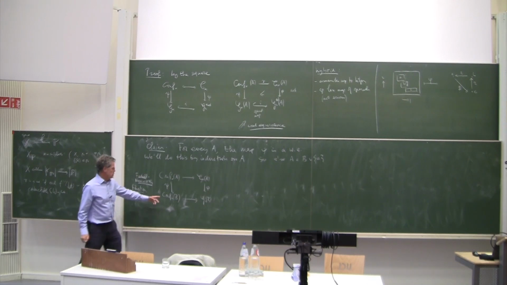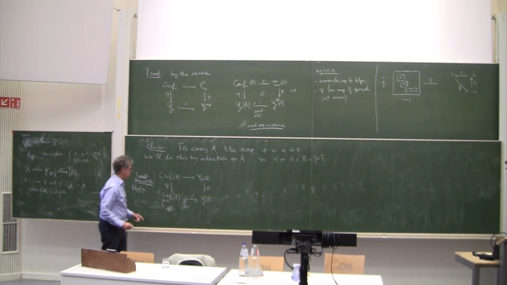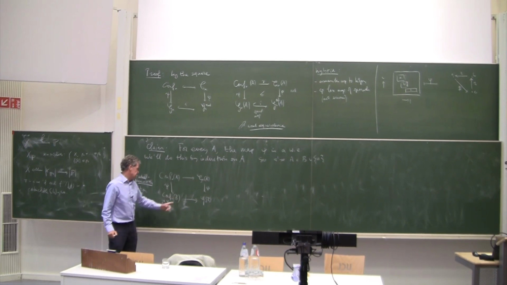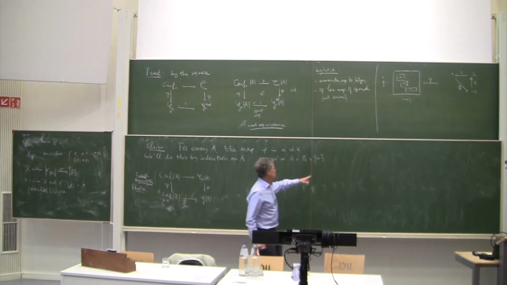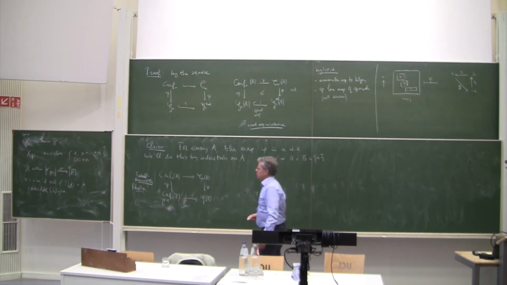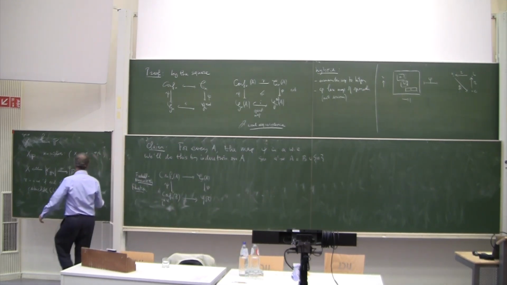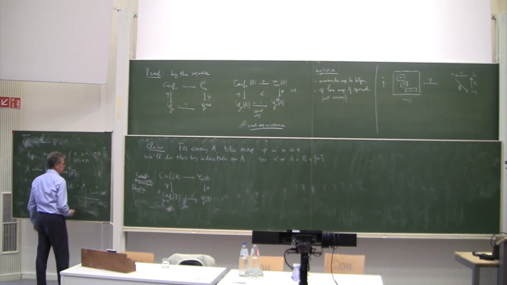And you know what the fiber is, because if you fix a point here, so let me denote it b, that's a B-indexed family of points in R^n, and you look at the fiber, you still have to choose a position for this point a, and it has to stay away from these points in B. So if you think of the picture in the plane, here are your points B, you just have to stay away from these 3 points.